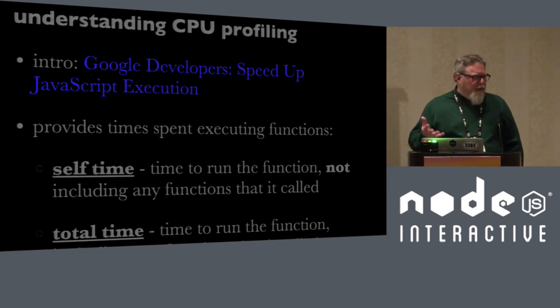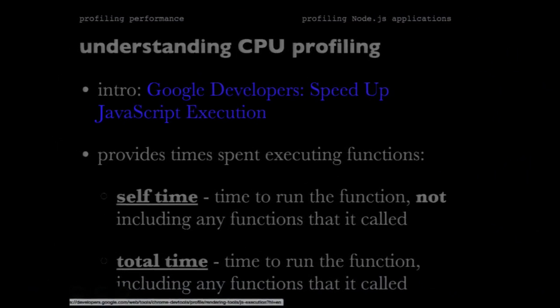To understand how to read one of these CPU profiles, there's some terminology to understand. This is documented at Google, under the Chrome DevTools information site, in a topic called Speed Up JavaScript Execution.